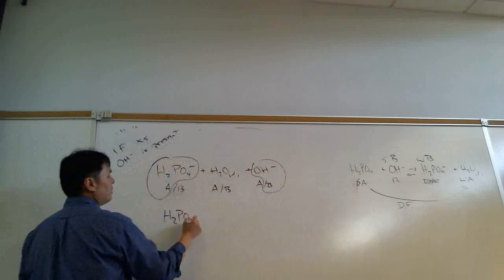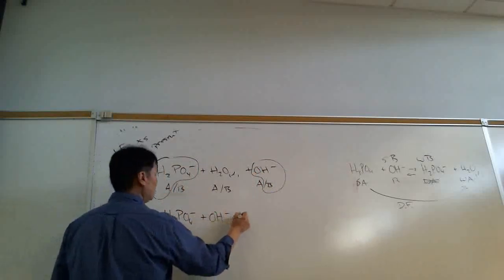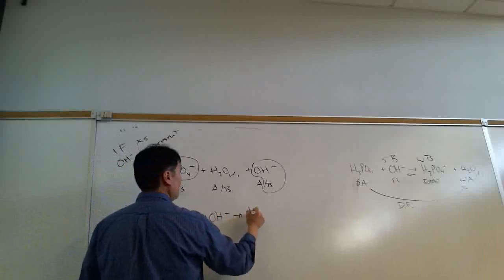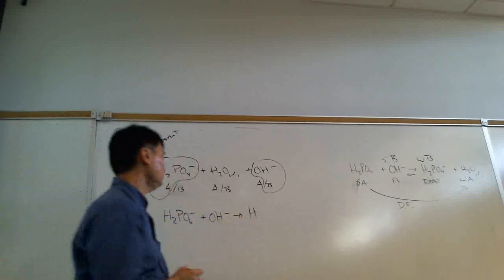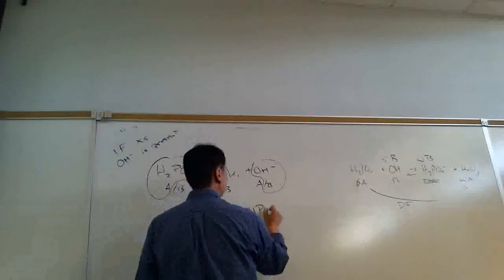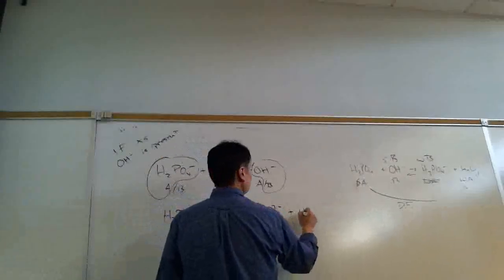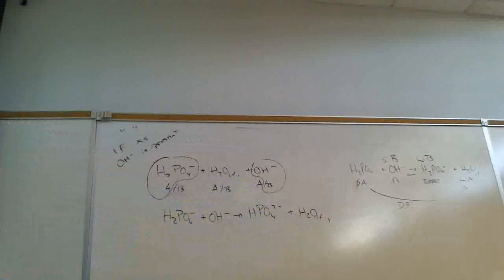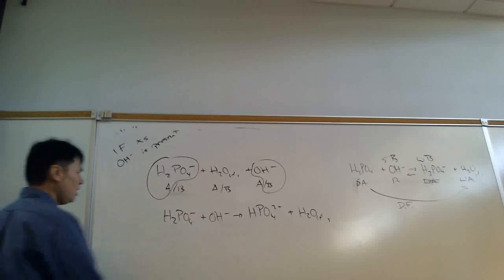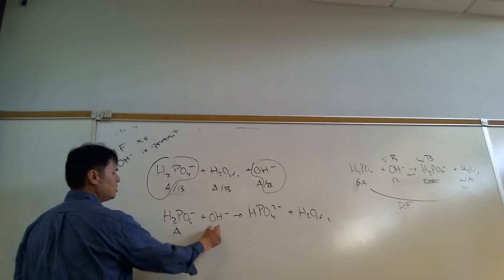So dihydrogen phosphate plus hydroxide gives us what? What we call monohydrogen phosphate and water. Is there a driving force? So this is our acid, this is our base.